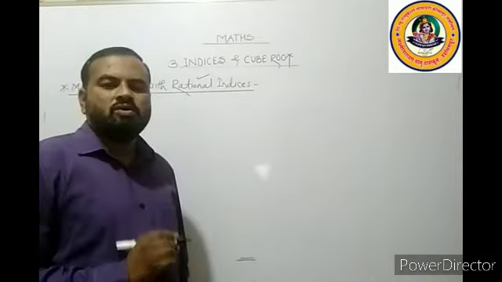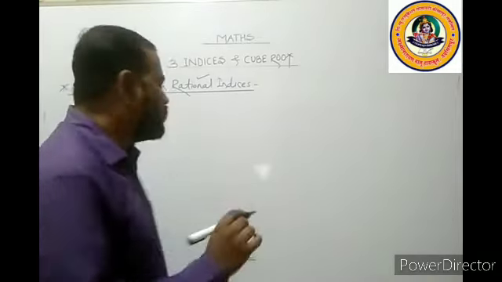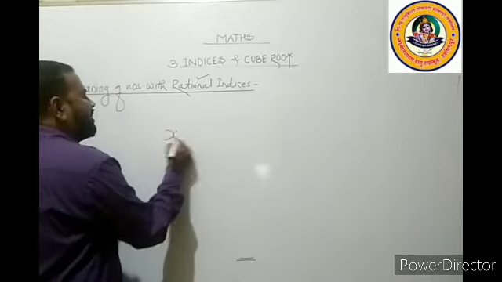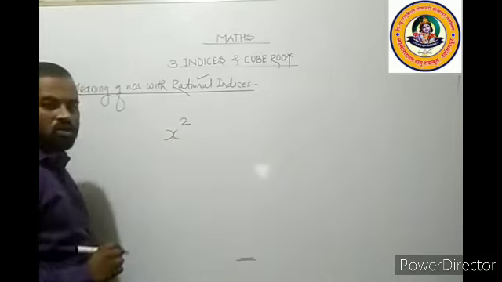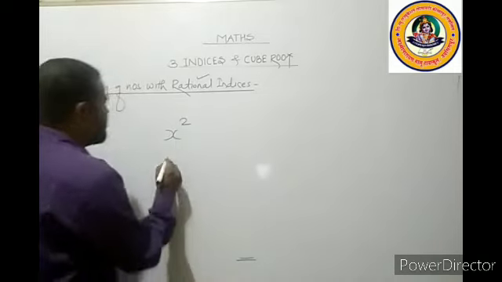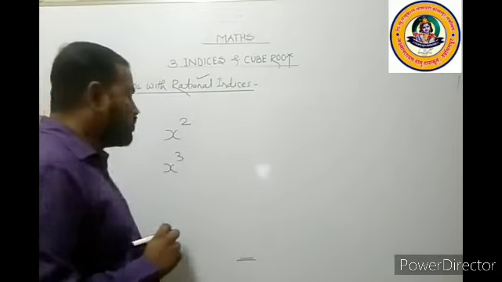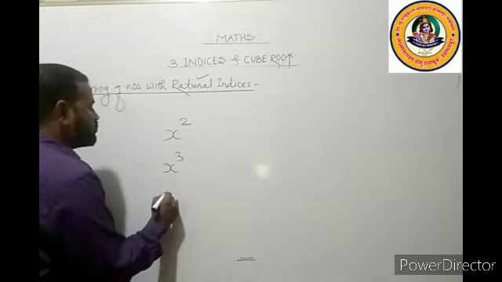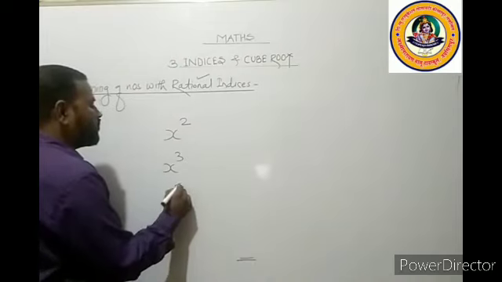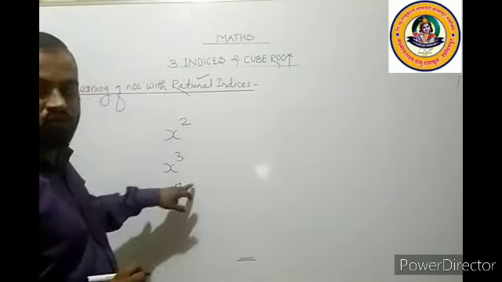To show x square, we write x raised to 2, that is x square. To show x cube, we write x raised to 3, that is x cube. To show x raised to the power 4, we write x raised to 4.